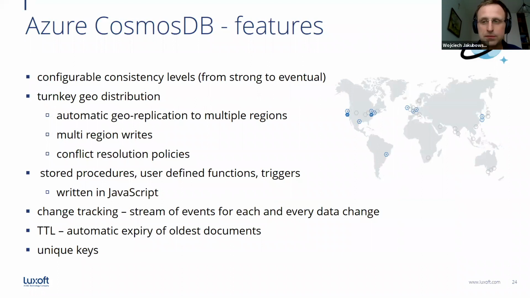It is as simple as clicking on icons on a map, this map here. I pulled it from the Azure portal. You can click on particular blue points and easily distribute all your data to these regions. Obviously, you need to pay for that. Like if you have 3 regions, you pay 3 times as much.